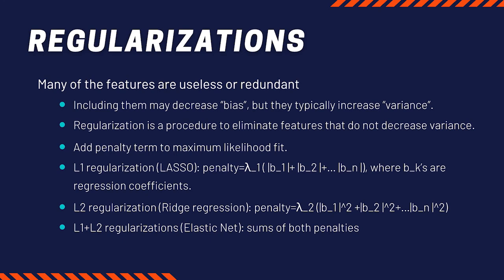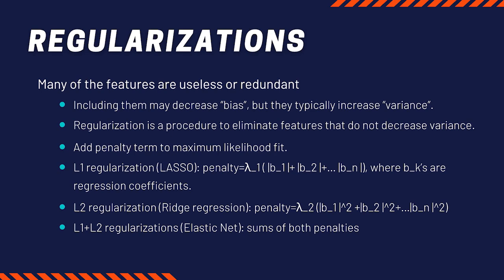The penalty term is just the penalty strength times the sum of the absolute value of the coefficients, the regression coefficients. Simple. It's called L1 because the absolute value to the power 1 is the L1 norm in mathematics. So that's L1 regularization, oftentimes called lasso.